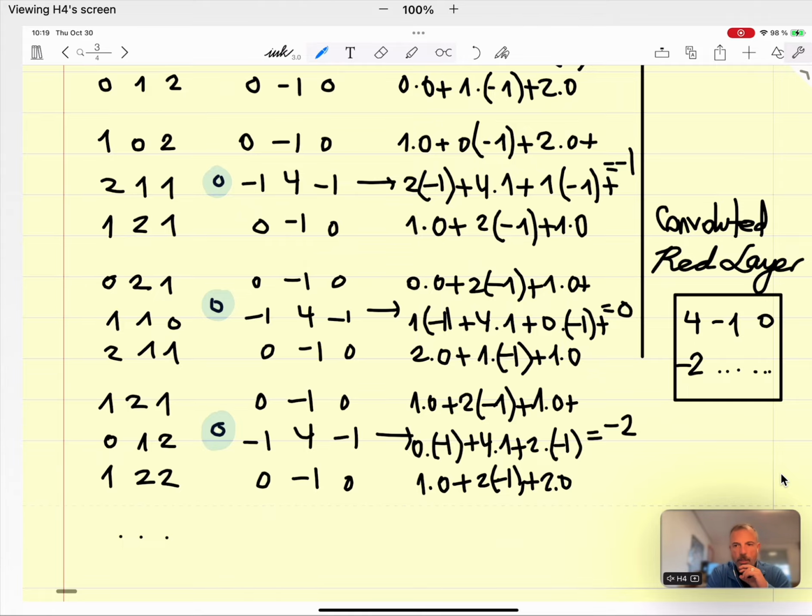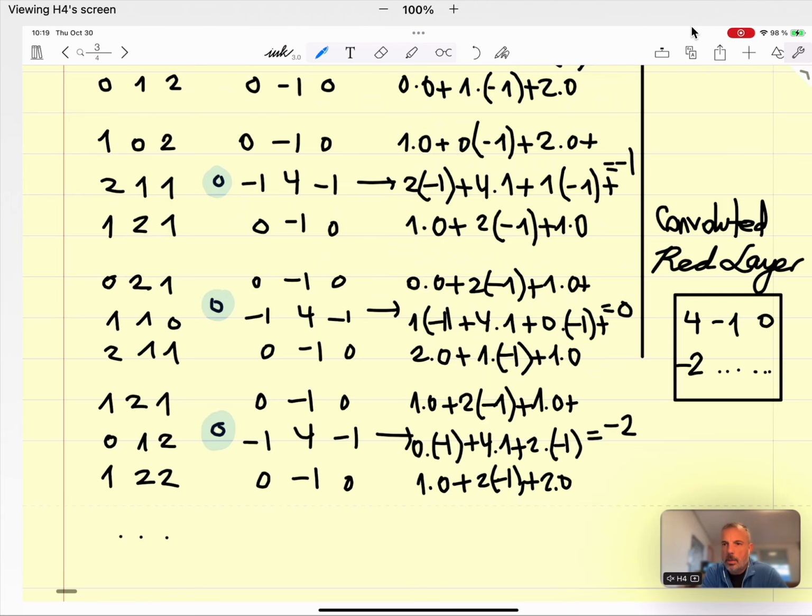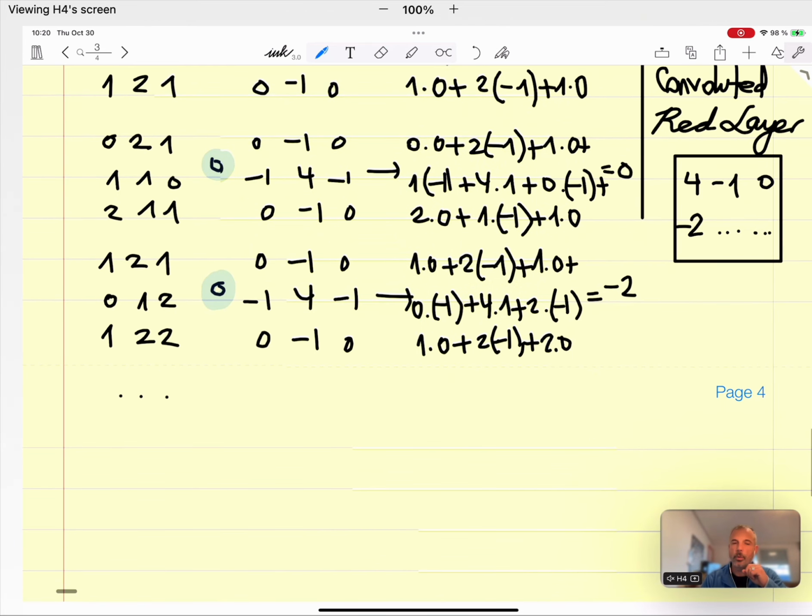So there's a question here: is this the same technology that driverless cars use? Of course, yeah. Anything that is image recognition is this technology. It's deep learning applied to image processing. Exactly this, just basically made with GPUs.